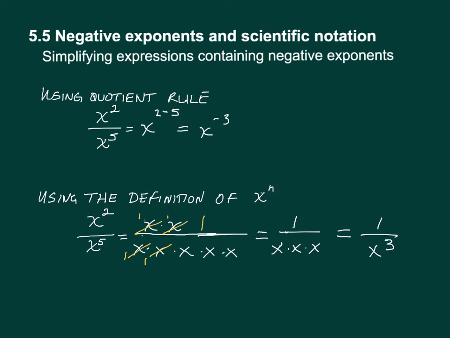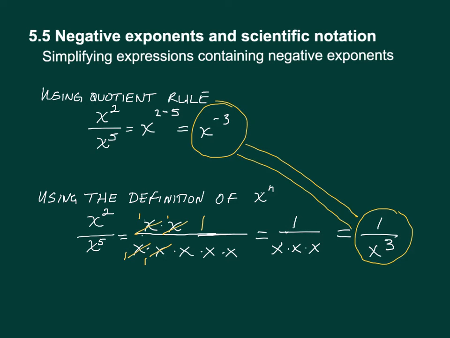Then ultimately that means that 1 over x to the third and x to the negative third have to be equal to each other. So that's how we define x to the negative third power. We say that it's the reciprocal of x to the third.